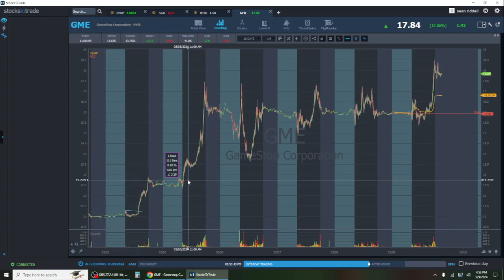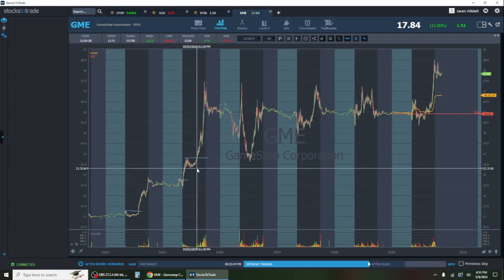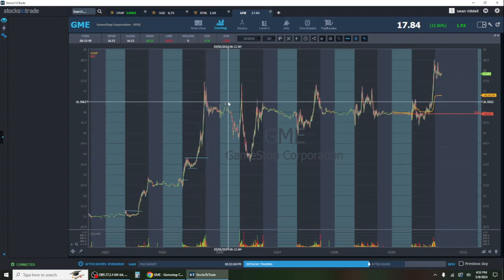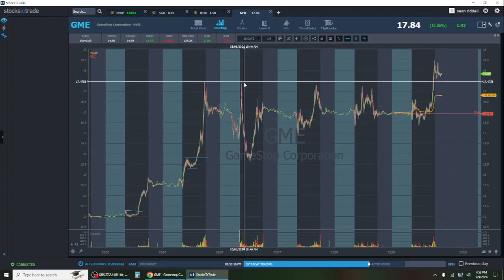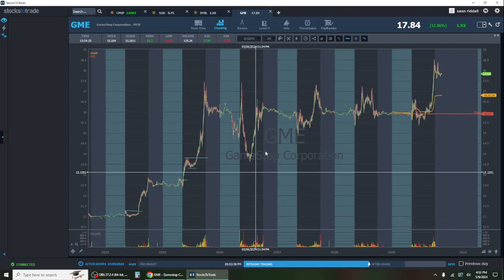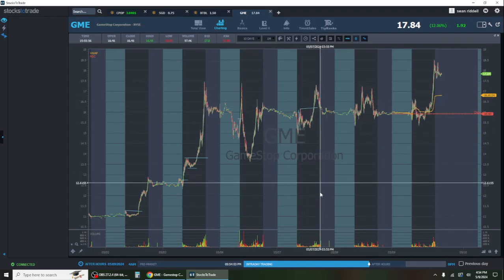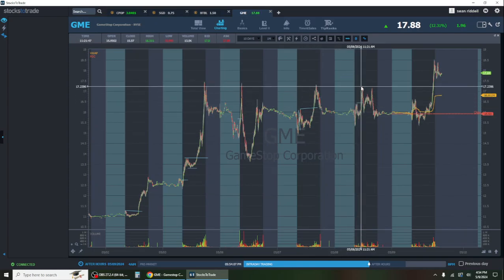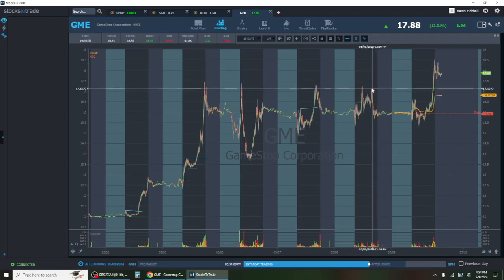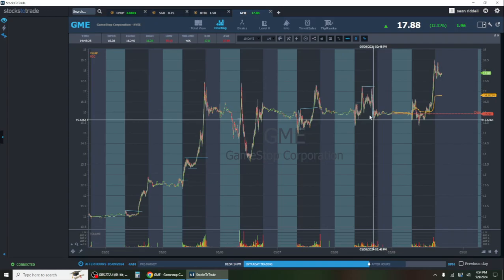Had a decent little run early here, but main spot pretty much was this high of day entry, and it sent it end of day. And you had a little early run here, but the early entry failed. So that's not ideal. Early it failed again, but then you can see the end of day it runs. And then middle day, it tried to do it, but it was a little bit too early. Probably if it would have broke this high right here, it probably would have went, but stuffed.